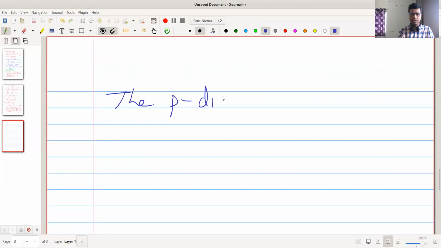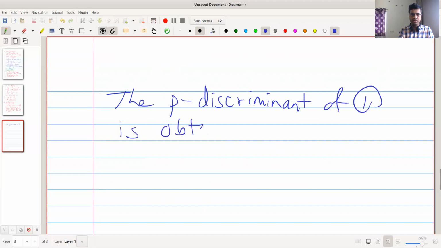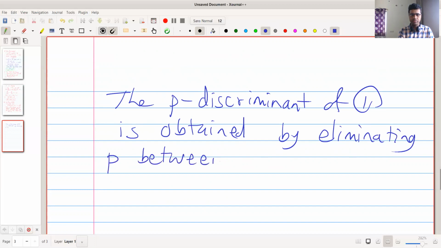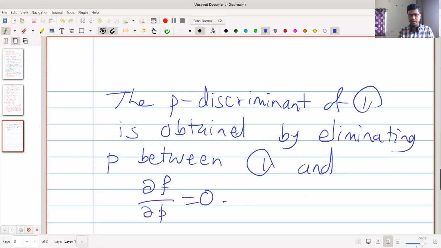The p discriminant of 1 is obtained by eliminating p between 1 and the partial derivative of f with respect to p equal to 0. This is the second relation.